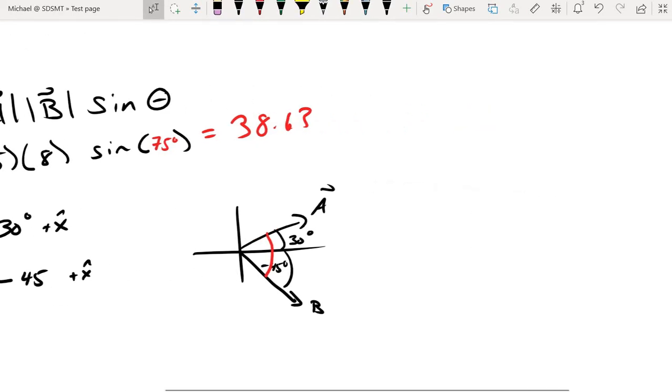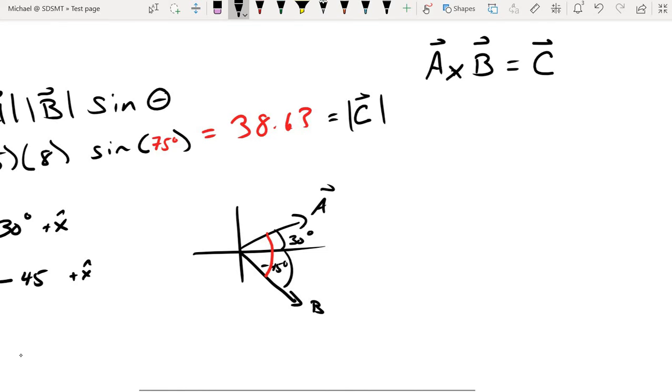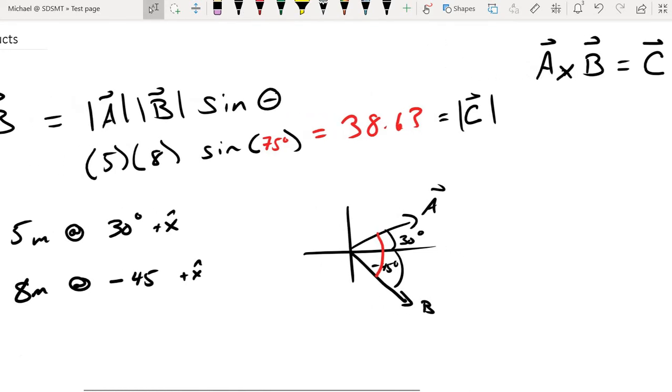However, another thing to remember is that whenever we have a cross product, the result is another vector. So we'll call this vector C. This happens to be the magnitude of vector C. But now we need to know the direction that that vector is pointing.